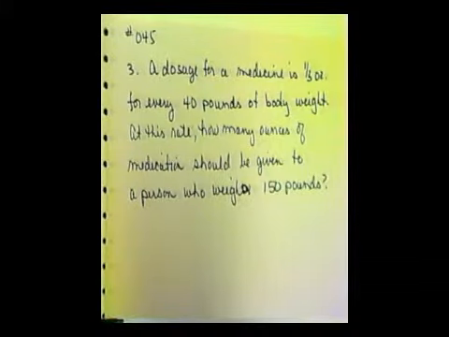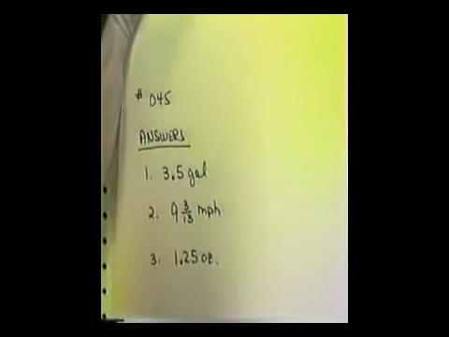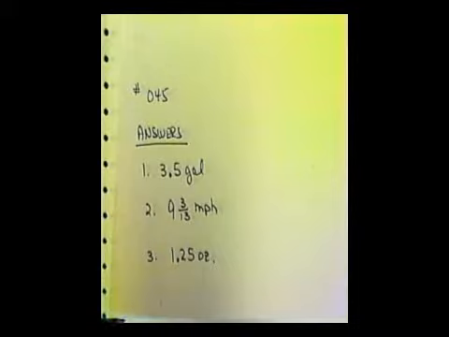Okay, at this point, you need to stop the tape and work these problems out. When you're through, come back and check your answers. The answers are: 1, to paint that room, we're going to need 3.5 gallons.